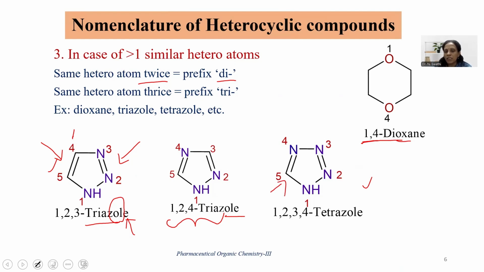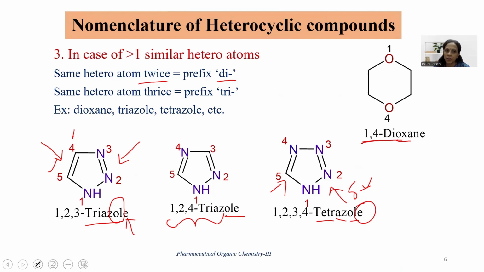So the positions of heteroatoms are 1, 2, 3, 4. 4 nitrogens are present, so we indicate that as tetraaza, 4 nitrogens. Ole means the stem, that is a 5-membered ring system, and the name ending with E means this is unsaturated.